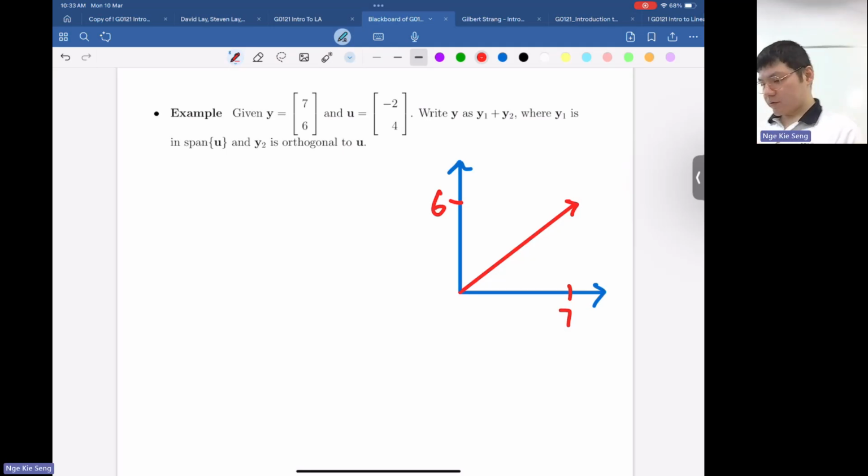And then negative 2, 4 is in the second quadrant. It'd be something like this. So you're trying to project.